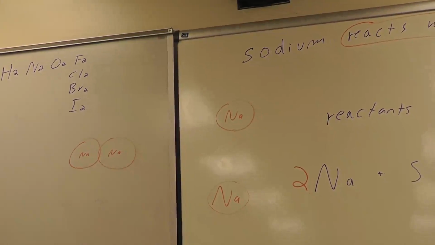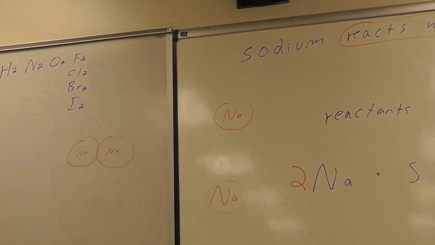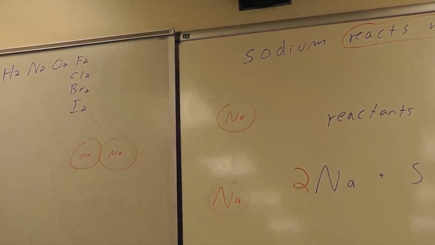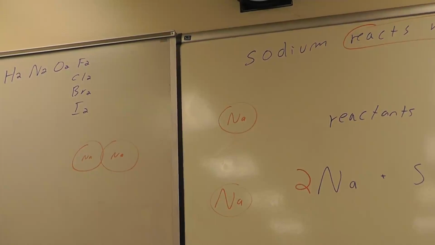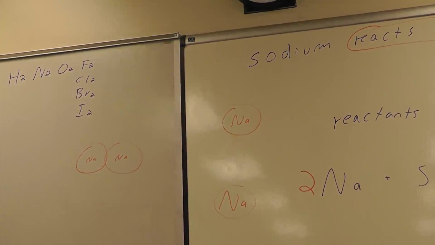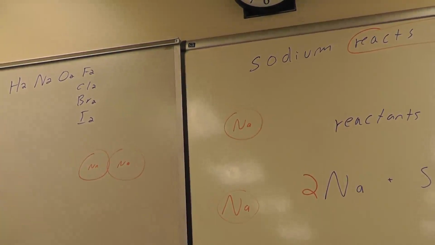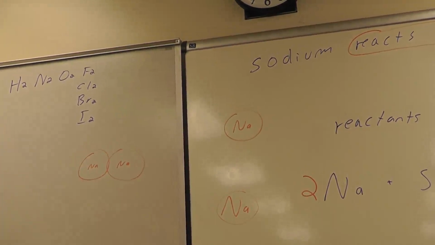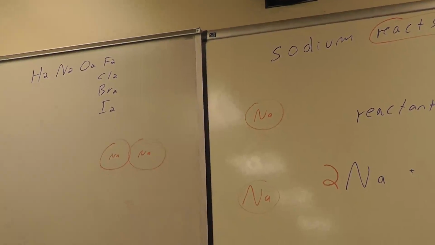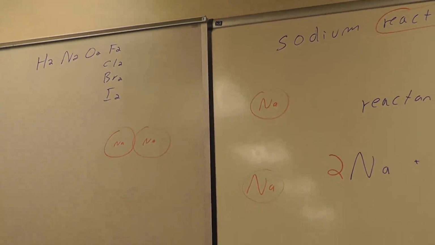And they pair off and form what's called diatomic molecules. Diatomic, the prefix di meaning 2. 2 atom molecules. These atoms are diatomic. The rest of them are not. And that will come up every now and then when we're writing these reactions.